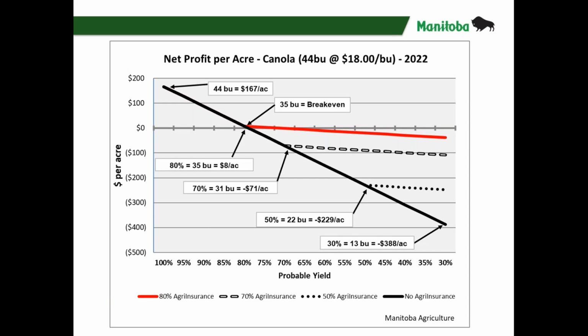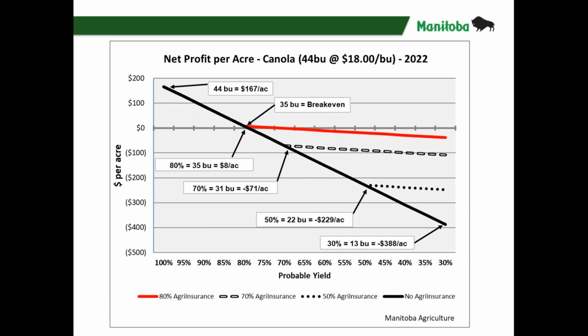So if we look at this black line that's right on the screen, we can see at the top left hand, if we're seeing 44 bushels an acre, which is 100% of our probable yield, we can see a profit of $167 per acre.